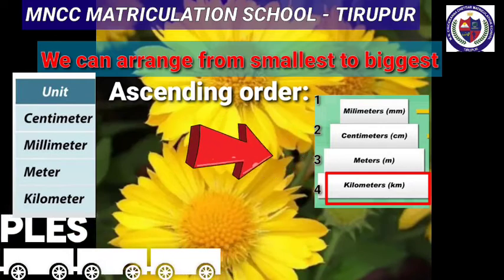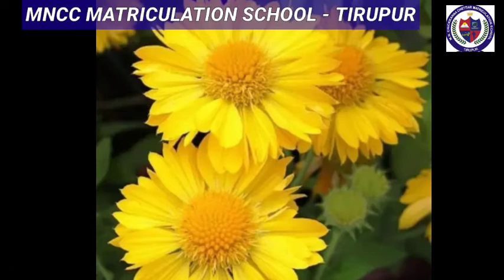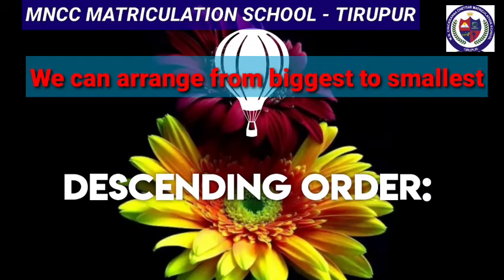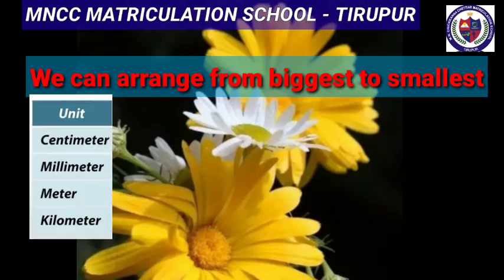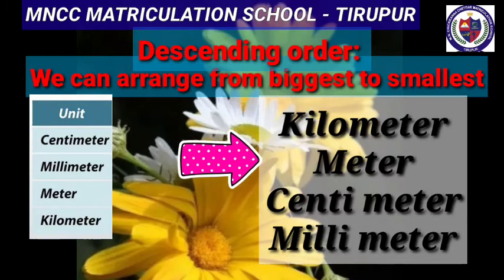Kilometer is the bigger unit of length. In descending order, we arrange the given standard units from the biggest to the smallest one. The biggest one is kilometer. Afterwards, we get meter, then centimeter. At last, the smallest unit is millimeter.